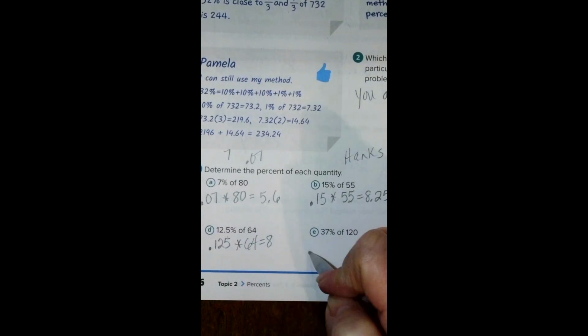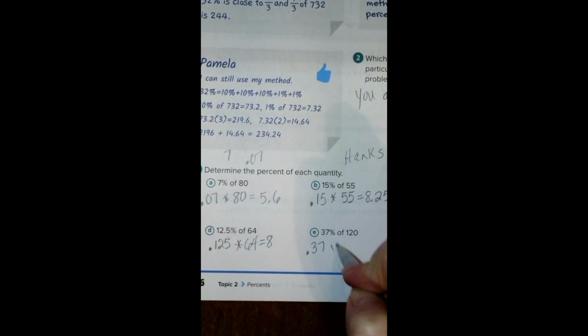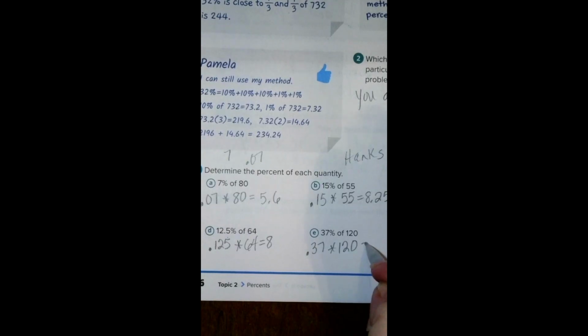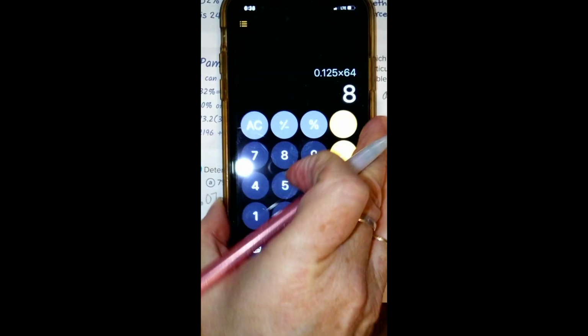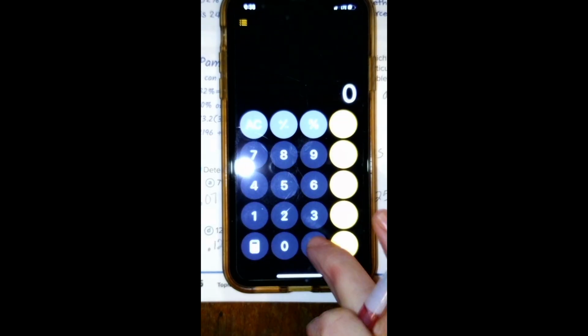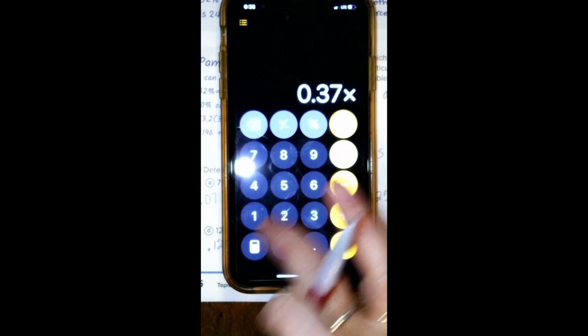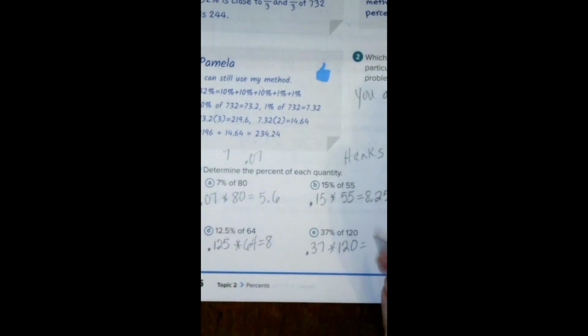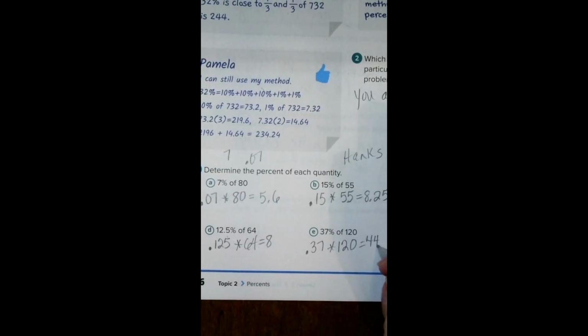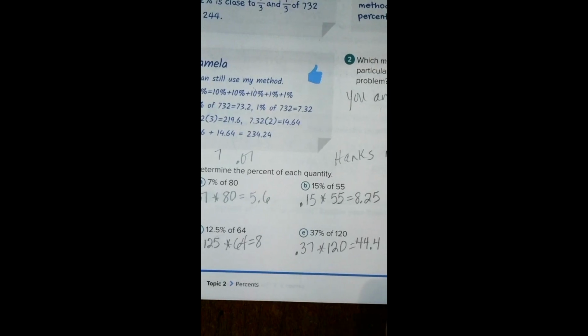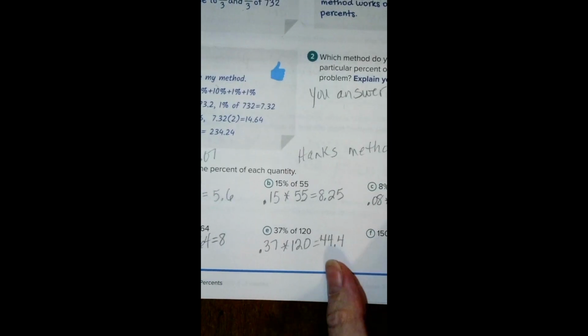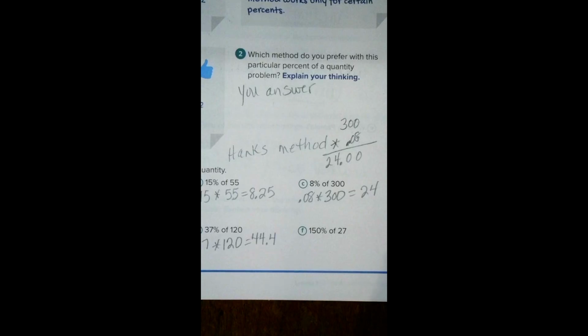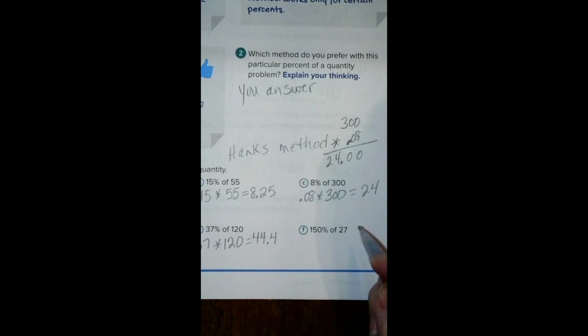37% of 120, 0.37 times 120 is 44.4. And then lastly, 150% of 27.